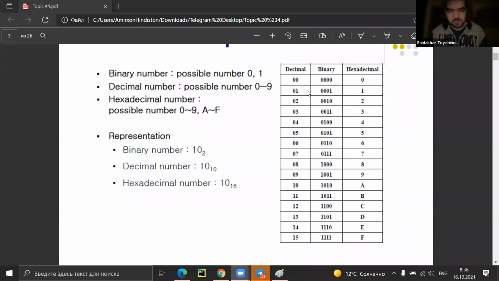Just the third column and second column. Just compare. You will see. Yes, Ismail, this is the answer, finally.